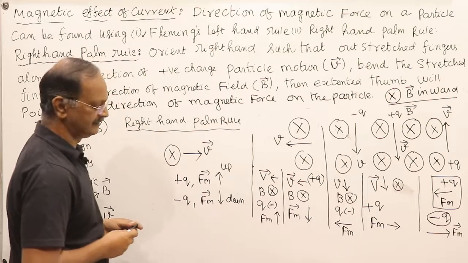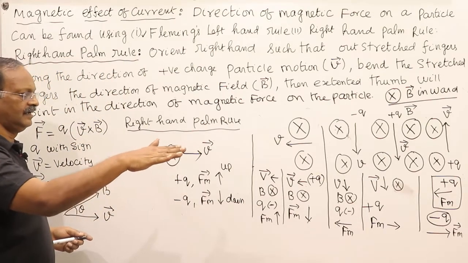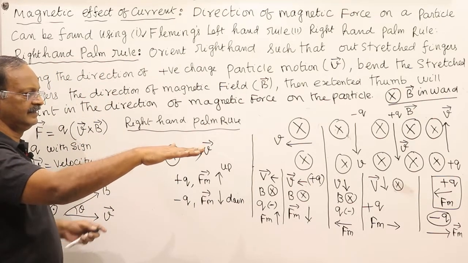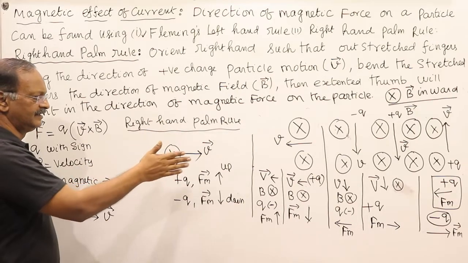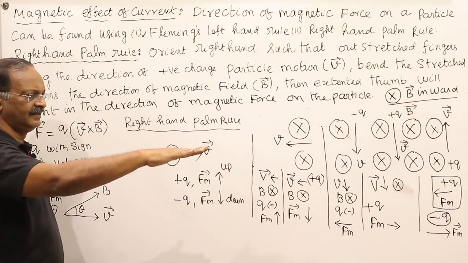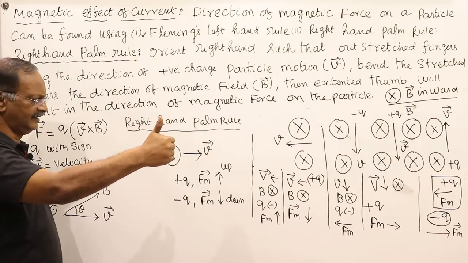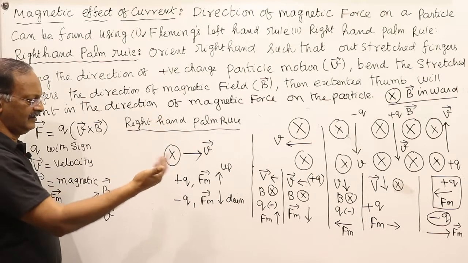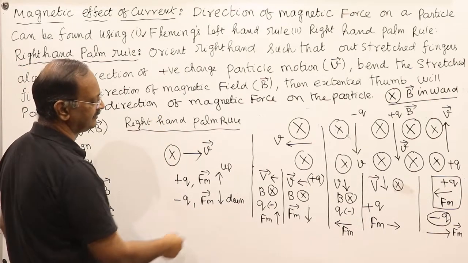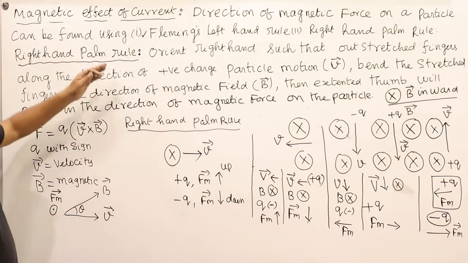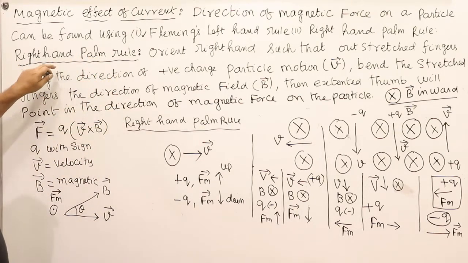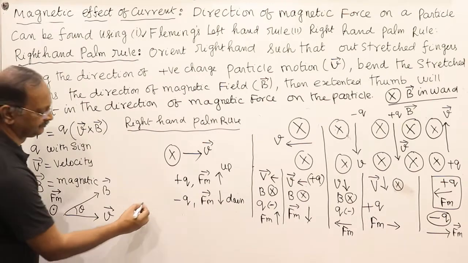Same way, if the velocity is in this direction and the magnetic field is inside, we have to move our finger inside. It is in the upward direction for positive charge. For negative charge, this is it. So this is how we find out the direction of magnetic force using the right hand palm rule.